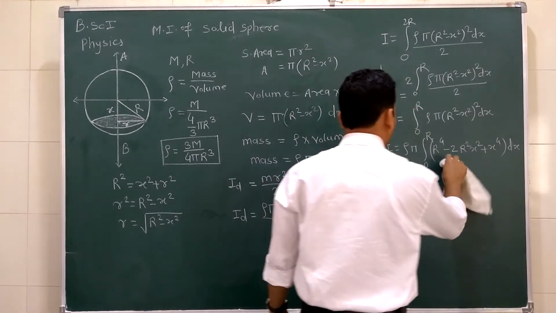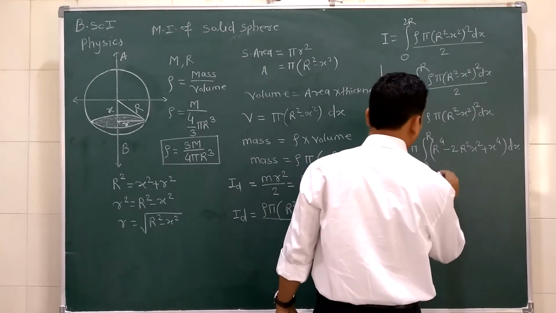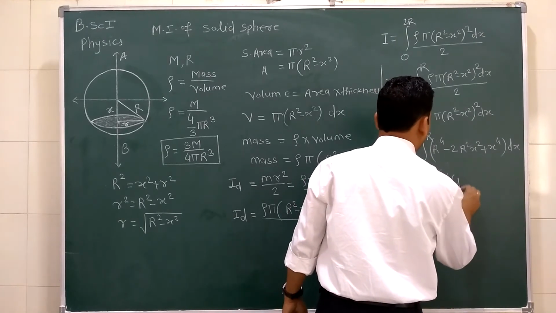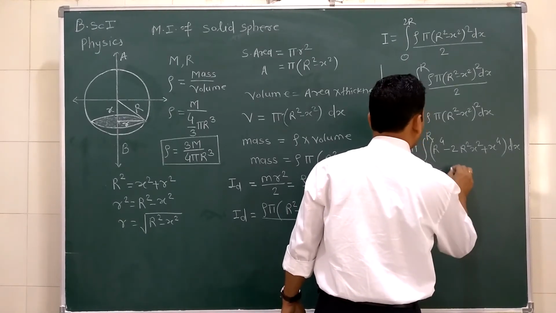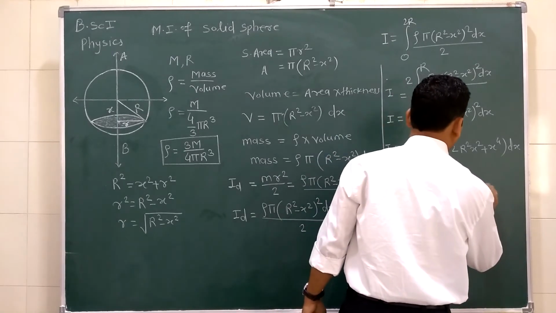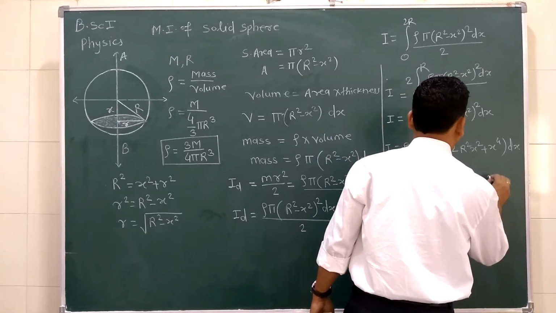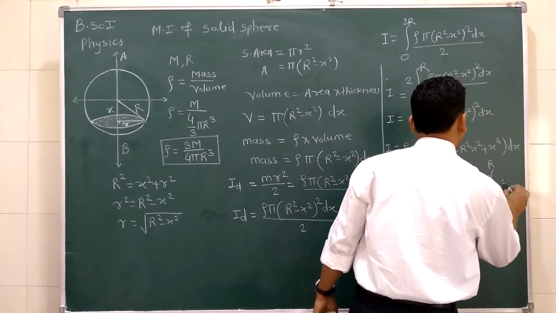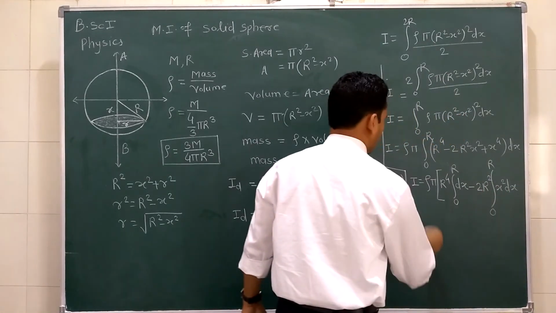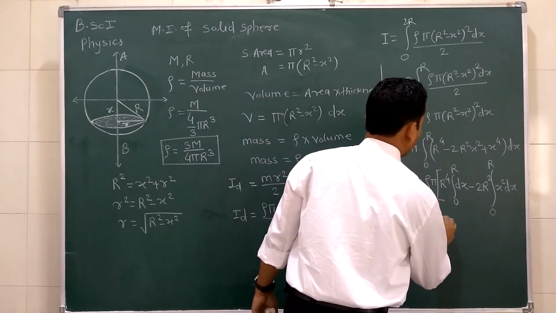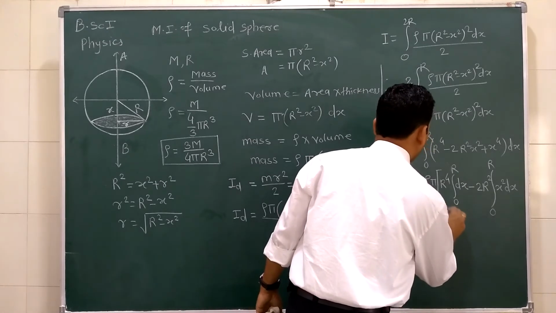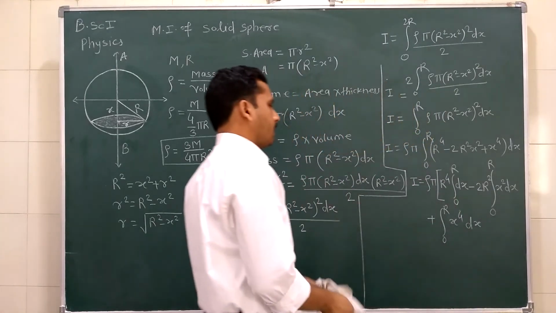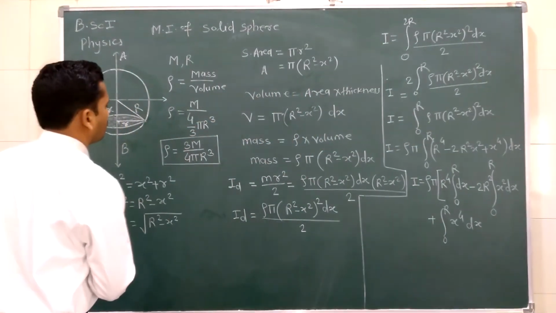So we can write r to the power 4 times the integration of dx from 0 to r, minus twice r square, which is a constant, times the integration from 0 to r of x square dx, plus the integration from 0 to r of x to the power 4 dx. Okay, now we are going to solve this equation.